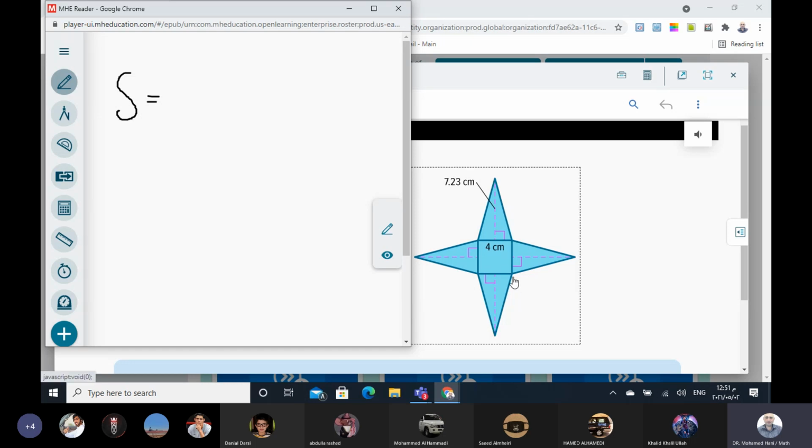So we will start from the base. The base will be a square, as you see. What is the area of the square?